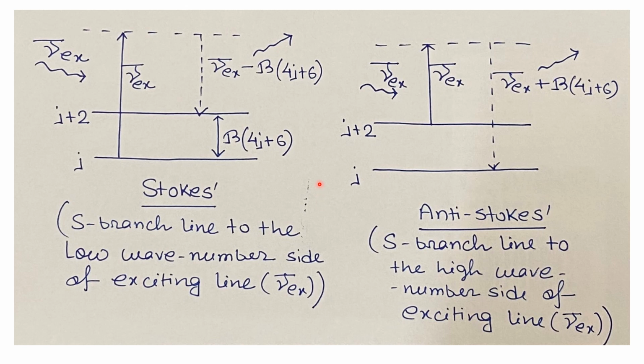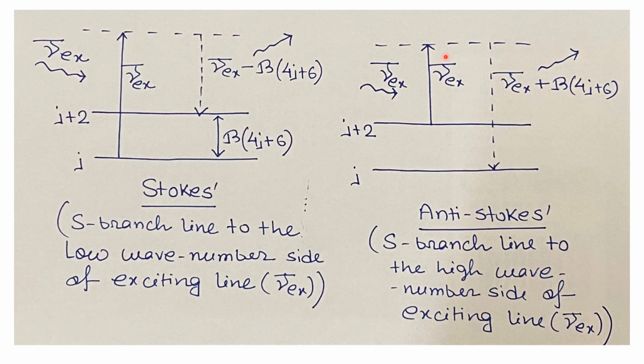Similarly, for the anti-Stokes line, we consider the molecules getting excited by absorbing the incident photon from the higher energy level, that is the level having rotational quantum number J plus 2. So the molecules will be excited from this J plus 2 level to a virtual level having the energy nu Ex bar.